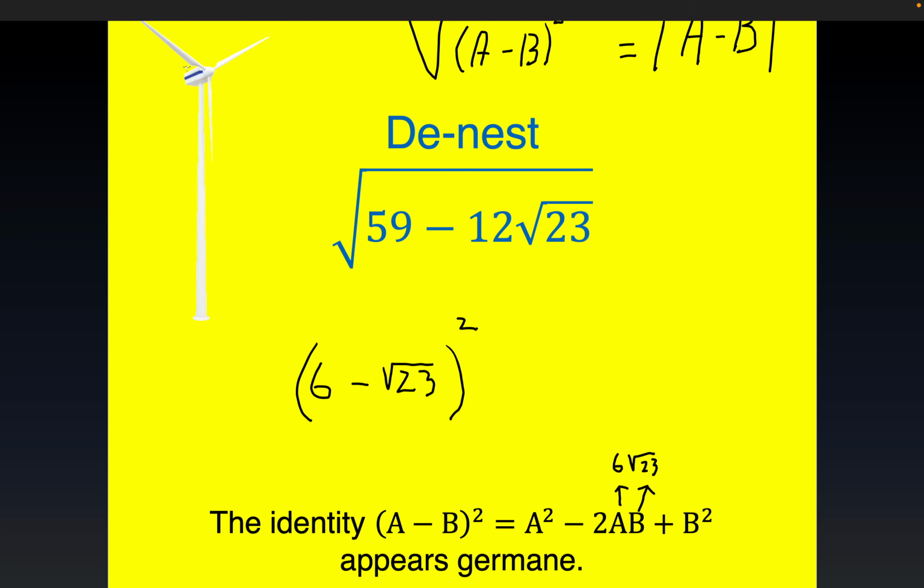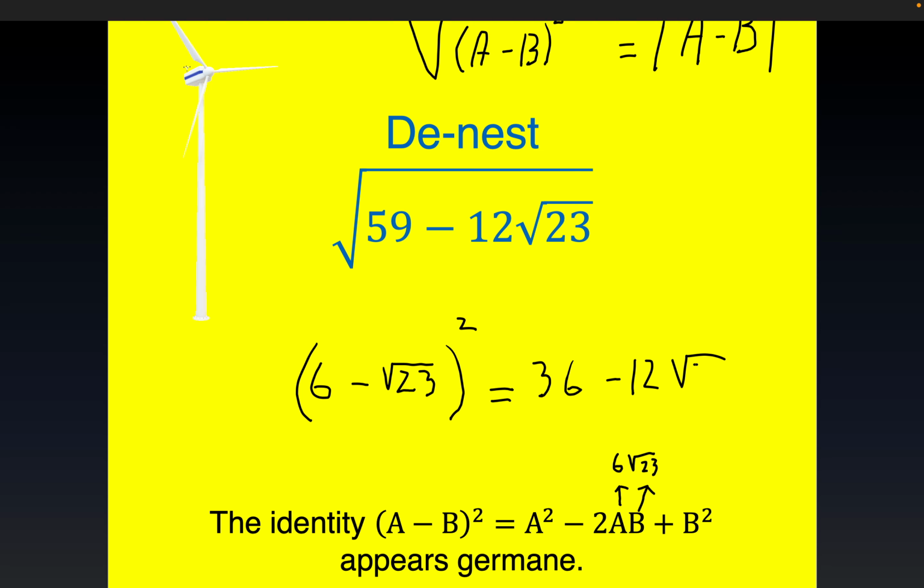Now if you take a look at this identity right here, you're going to get 6 squared, which is 36. Then of course you're going to get minus 12 times the square root of 23. Again, I'm just going directly from here.